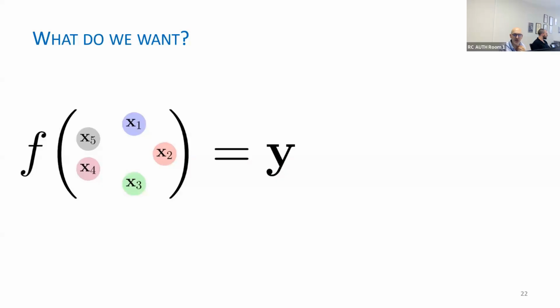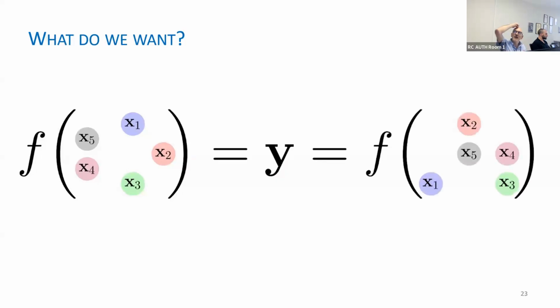As I just mentioned, the idea is that this function should be more or less independent from the order of the points. So you see, if the point x1 is moved to another position in the ordering, this should be irrelevant for the architecture.